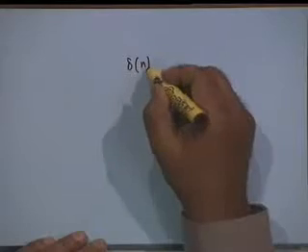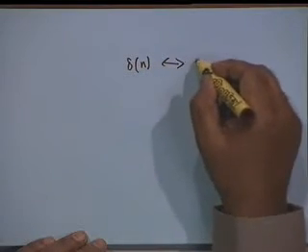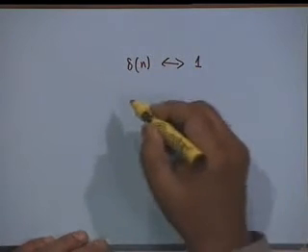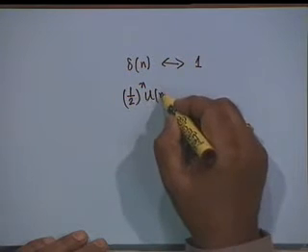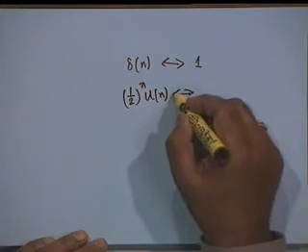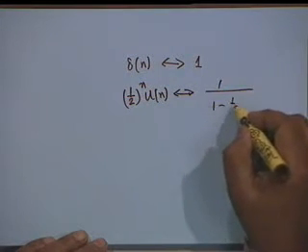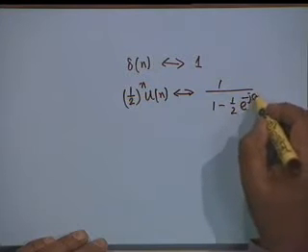We considered two examples. One is delta n, whose Fourier transform was 1, and the other was half to the power n un, whose Fourier transform was 1 by 1 minus half e to the minus j omega.